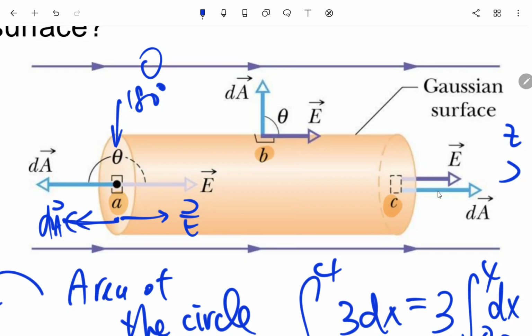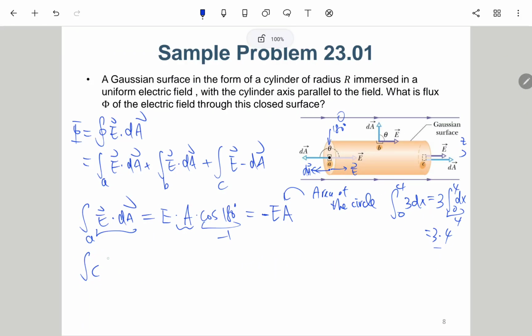So dA points to the right side, and the E field also points to the right side as it is uniform over the whole case. So E dot dA for part C will be nothing but E times A, without a negative sign. For part A, dA and E point in opposite directions, but here E and dA point in the same direction. Cosine of 0 degrees is 1, so here we only have EA.